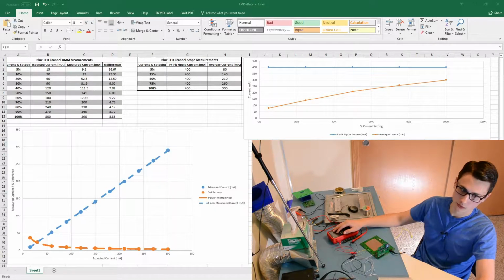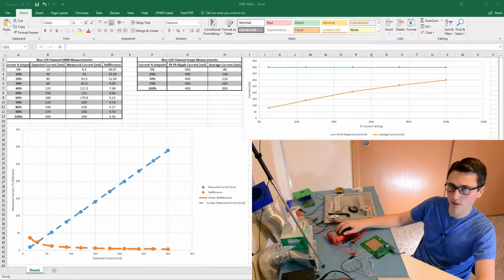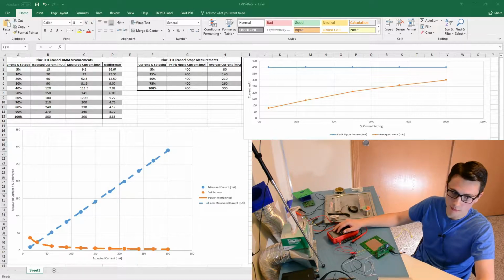And that was, of course, with the tolerance of the Analog Discovery factored in, which was not an accurate measurement of the peak current, since we know the peak current is set to 333 milliamps, and the PWM ratio works out correctly with the RMS current the multimeter was measuring. So the peak current measurement was wrong.